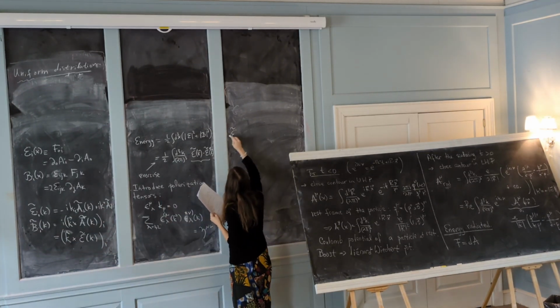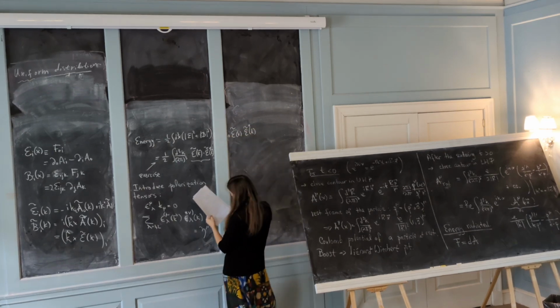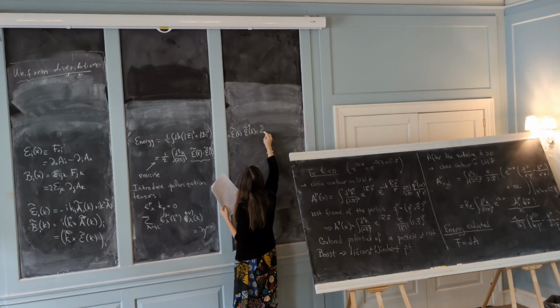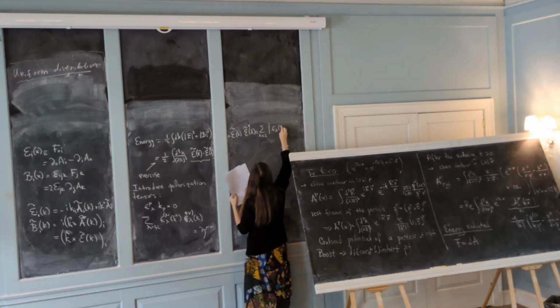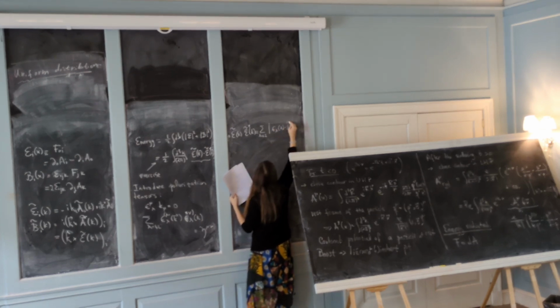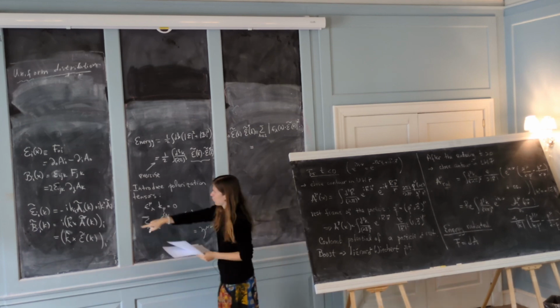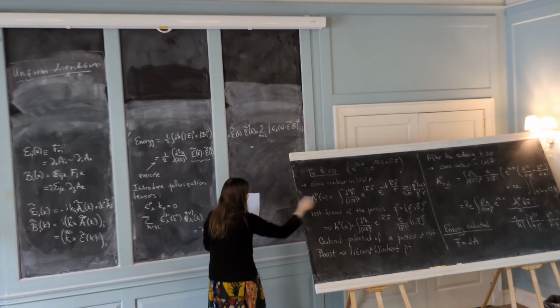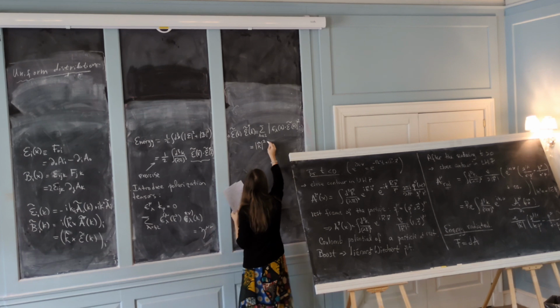So this thing is just the sum over lambda equal 1, 2 of the absolute value of ε^λ(k) dotted into E(k), absolute value squared. And I can also rewrite this in terms of my A, because that's the thing we found, and this turns out to be just k² times the sum over lambda equal 1, 2.